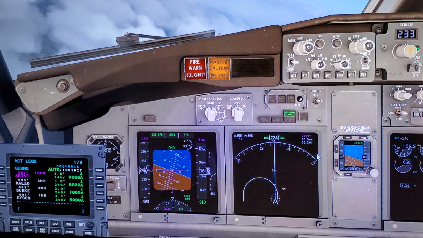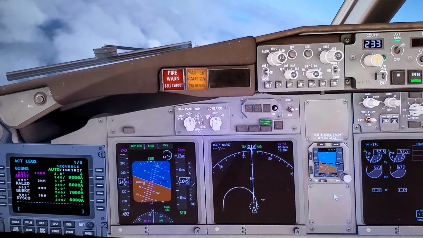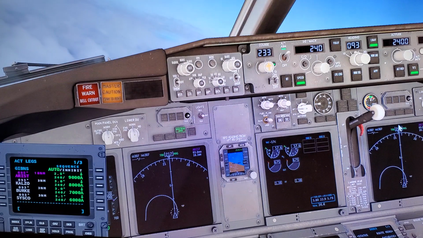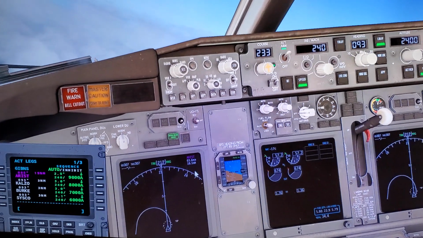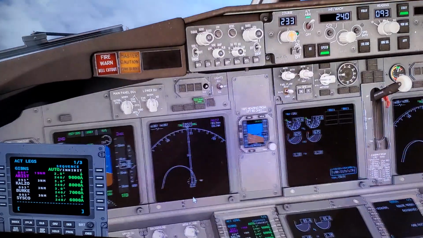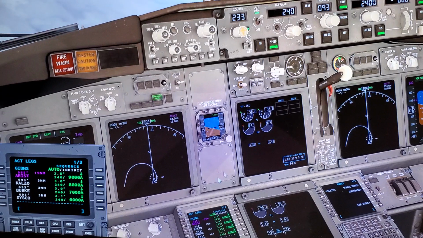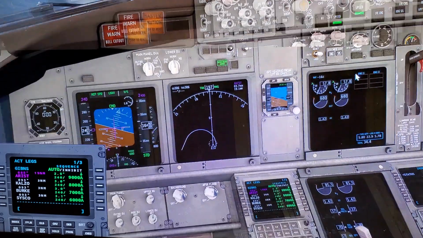Artist, I should be at 9,000. So now I increase, I'm going to be at 18 nautical miles to be at 9,000. Right, I'm at 16,000, so I'm going to increase the descent rate.